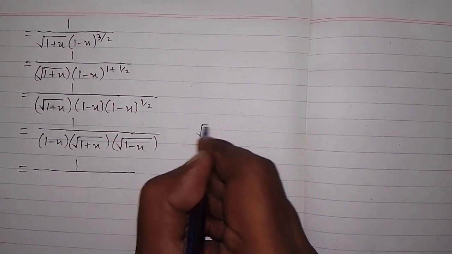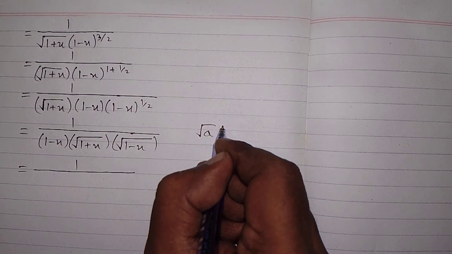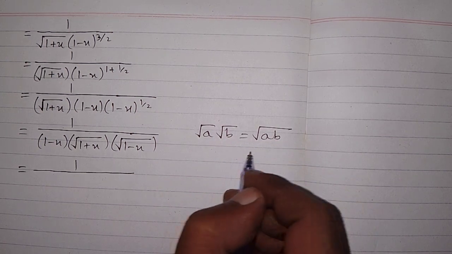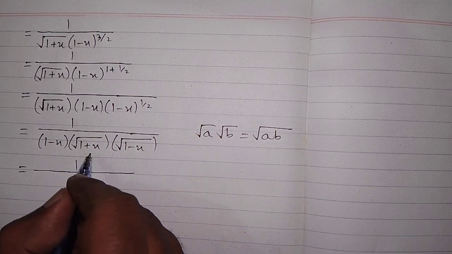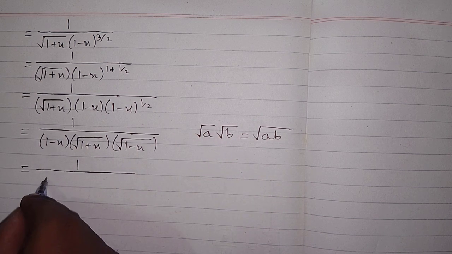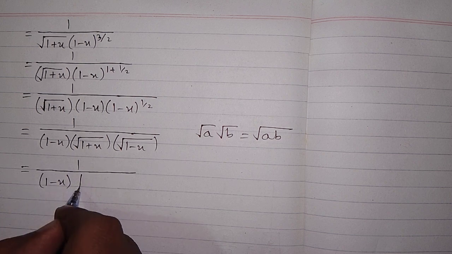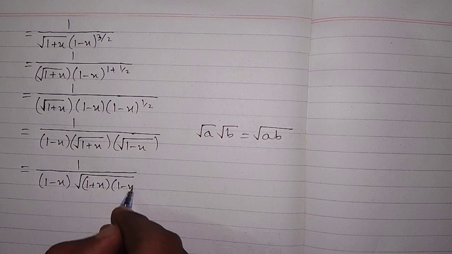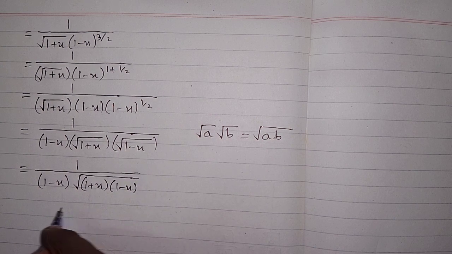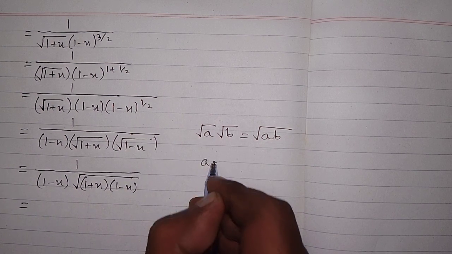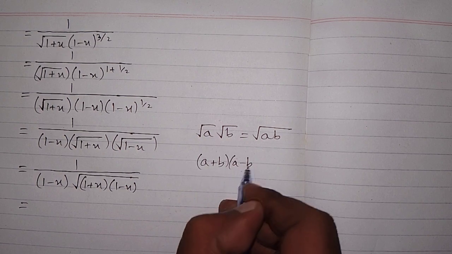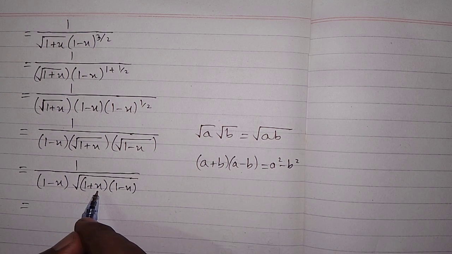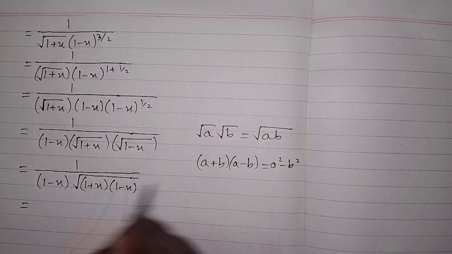Now we can use a rule of indices, that square root of a multiplied by square root of b is equal to square root of ab. So here we can multiply 1 plus x and 1 minus x and write it in the same root. So we have square root of (1 plus x) multiplied by (1 minus x), and then we can apply the formula (a plus b) multiplied by (a minus b) is equal to a square minus b square, with 1 in place of a and x in place of b.